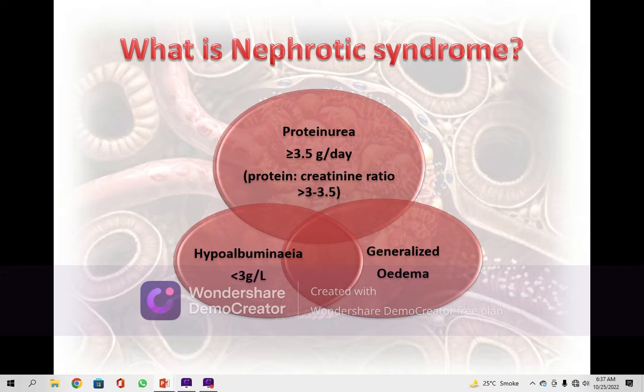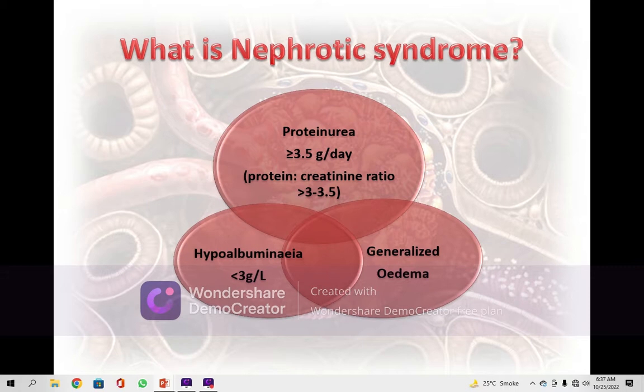Because protein is excreted out, there will be hypoalbuminemia, with serum albumin less than 3 gram per liter, normal being 3.5 to 5. Definitely, it is the second part of the essentials of diagnosis.